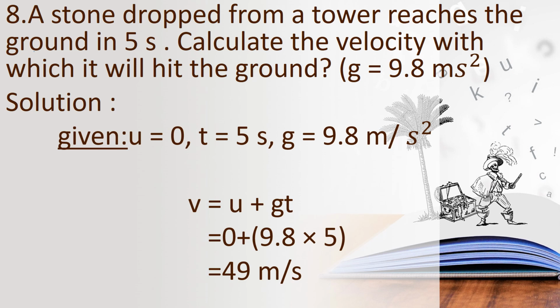So we can easily substitute in the acceleration due to gravity equation: v equal to u plus gt. Substitute all the values. What is the velocity? 49 meter per second. Children, you have copied down in your notebook?